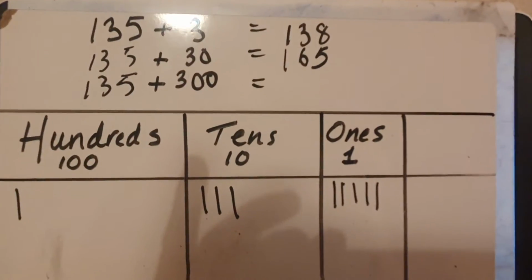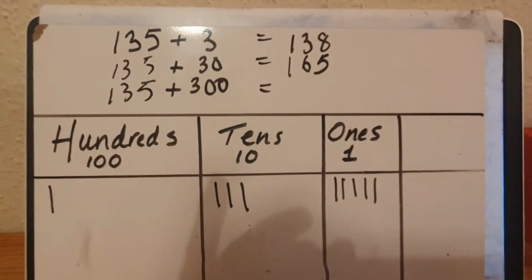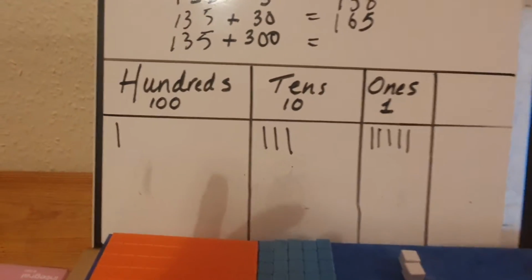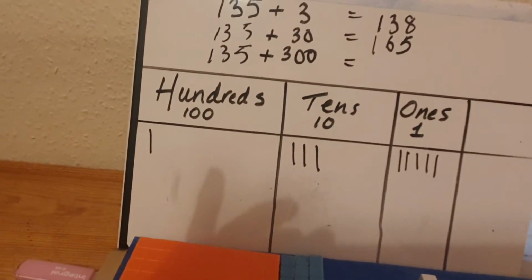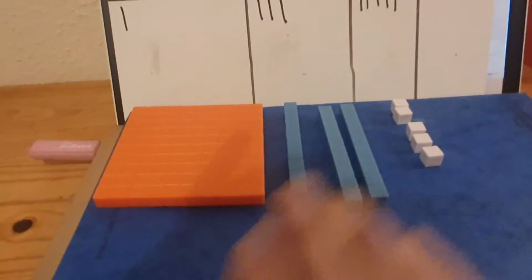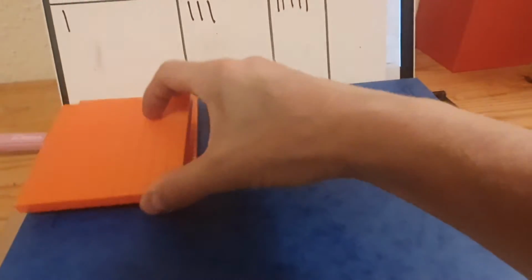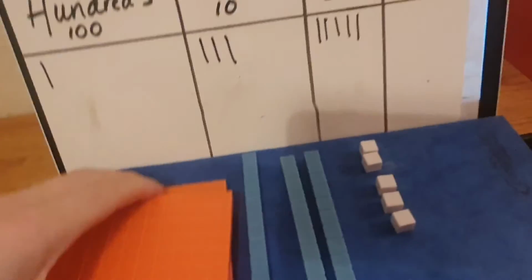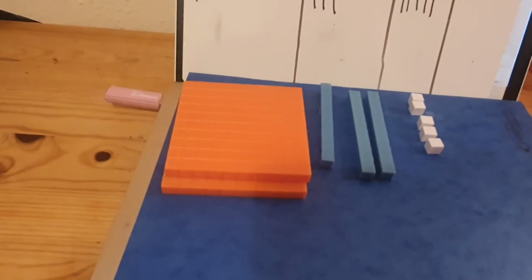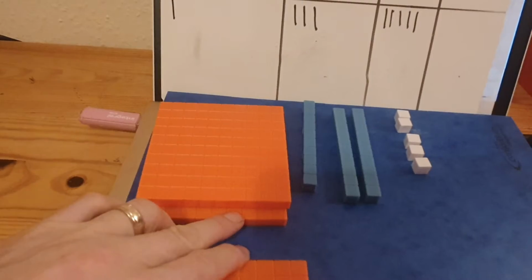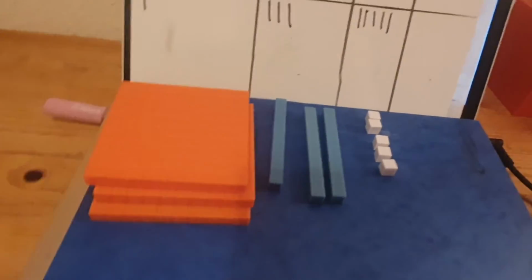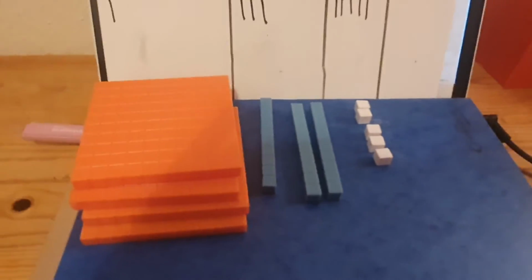Okay, now we're just going to add 300 to 135. So there's my 135. Let me just take away these other numbers. And I need to add another 3 hundreds. So I've got 100 already. Add that is 200, 300, 400.